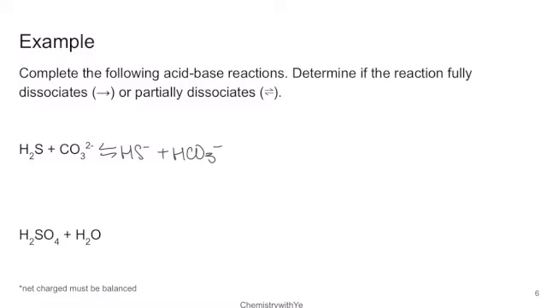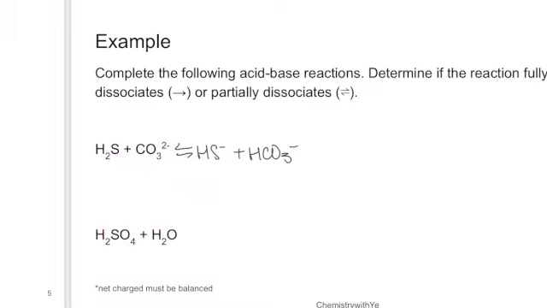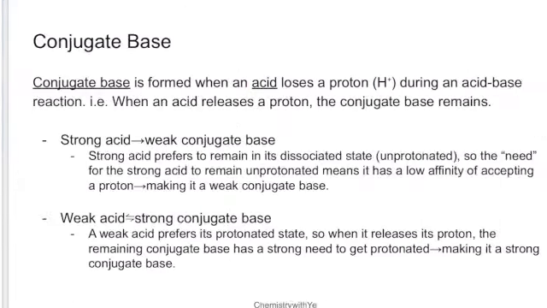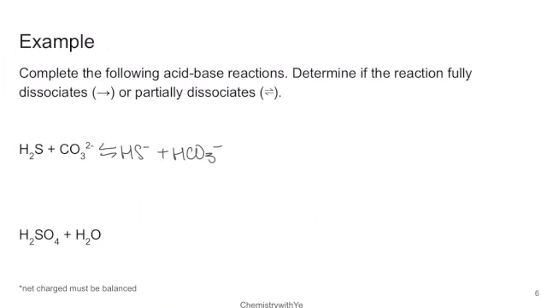So for the next reaction, we'll look at the strength of H2SO4. And it is a strong acid, and it'll undergo complete acid ionization, meaning that it will donate all its protons. So it is a non-reversible reaction, and the conjugate base is HSO4-, and the hydronium ion is the conjugate acid.